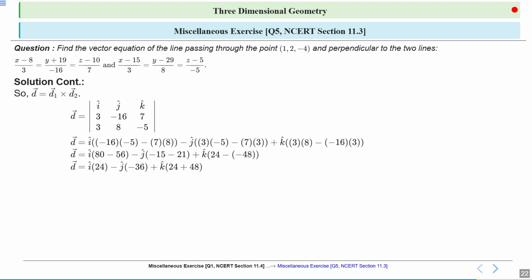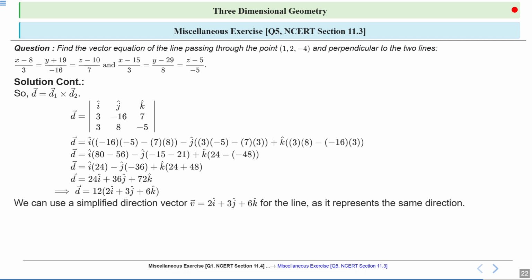Therefore d vector = 24 i cap + 36 j cap + 72 k cap. Taking 12 as common, d vector = 12 times (2 i cap + 3 j cap + 6 k cap).